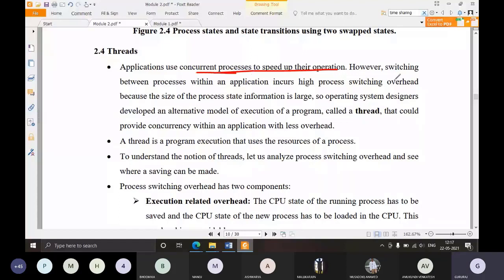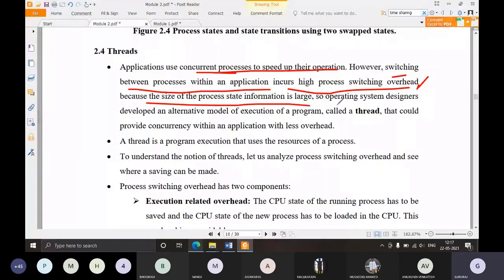However, switching between processes within an application incurs high process switching overhead. Edge is using 19 processes, so if you want to switch between the processes of the same application, it will take more time. That is the switching overhead, because the size of the process state information is large.